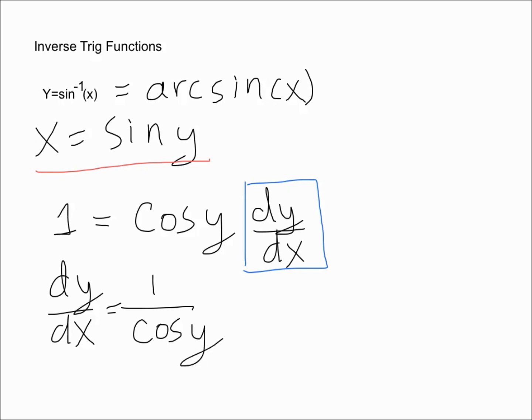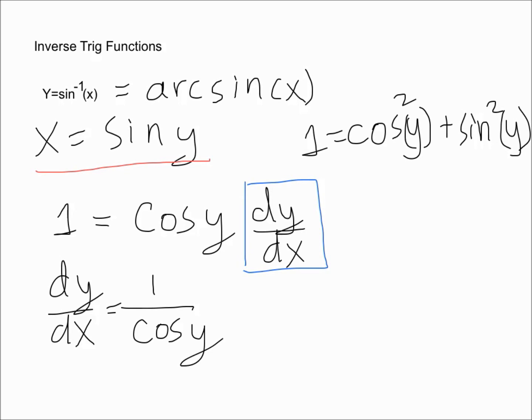which we can get back into sine if you know the identities. So the one we're going to use is the cosine of y squared plus the sine squared of y is equal to 1. And in this case we have the cosine, so we'll move the sine into the other part of the equation. Cosine squared of y is equal to 1 minus the sine squared of y.